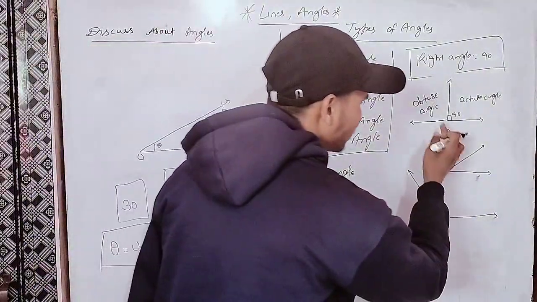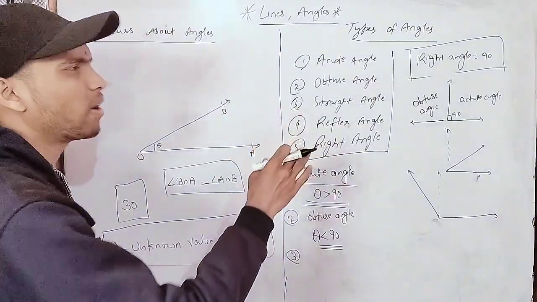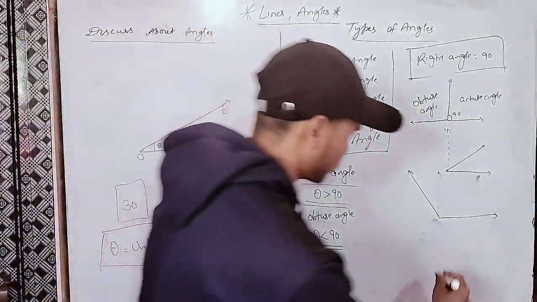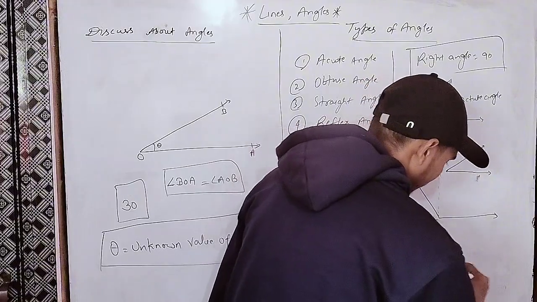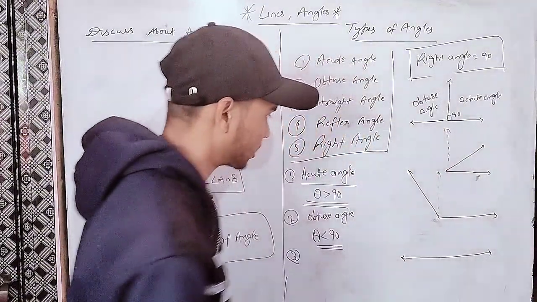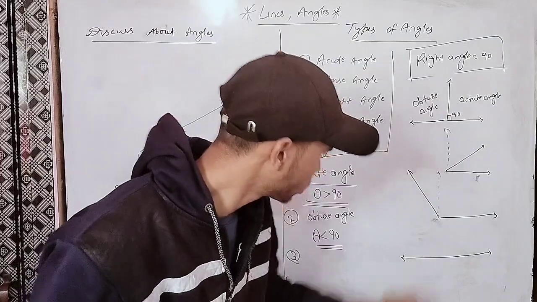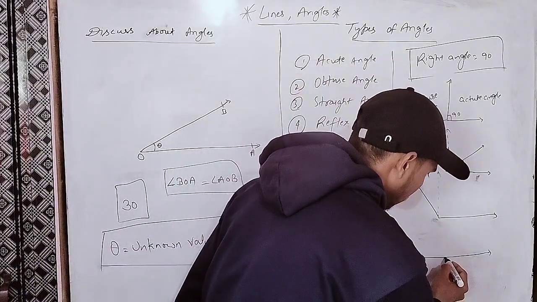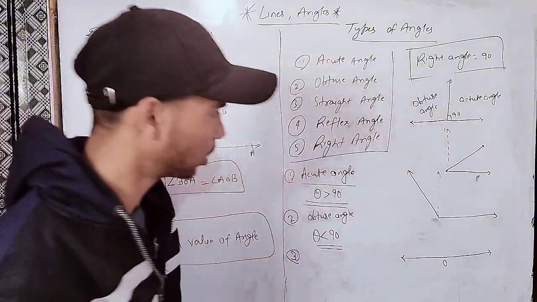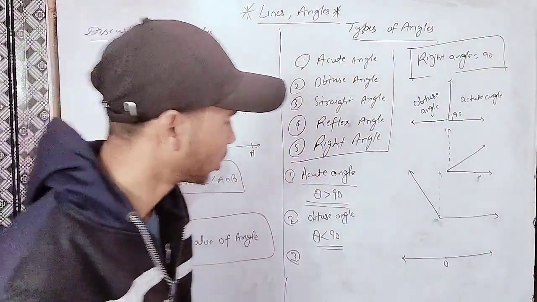We would say that we have, okay. Let's write it apart. And this is a point. Let's name it O. Clear?